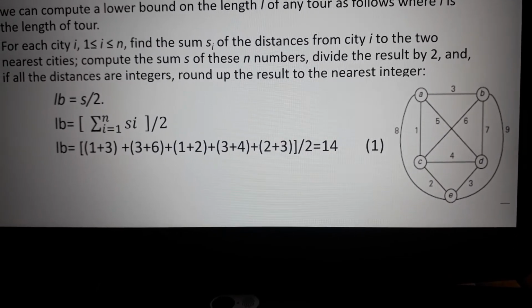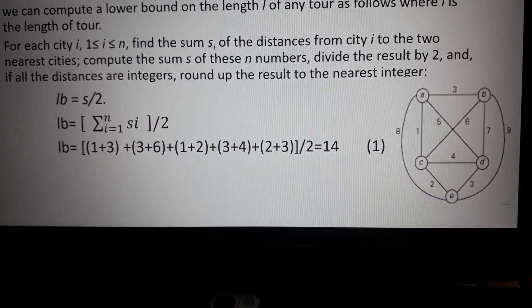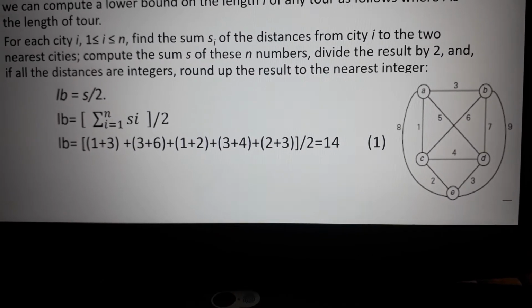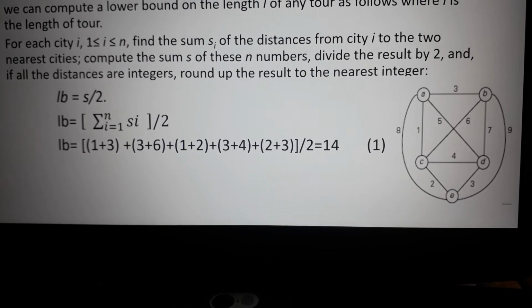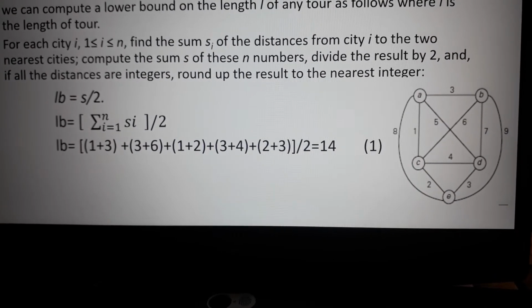Similarly, from C, 1 and 2, so 1 plus 2 we will take. From the vertex D, we will take the two minimum cost edges 3 and 4, and its sum is 3 plus 4. Similarly, from the vertex E, the minimum cost edge sum is 2 plus 3.